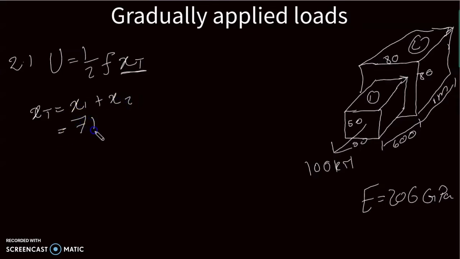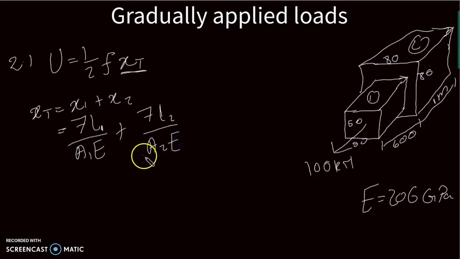F L divided by AE. And this will be length number 1 and this will be area number 1, plus F length number 2 divided by area number 2 times the Young's modulus of elasticity.